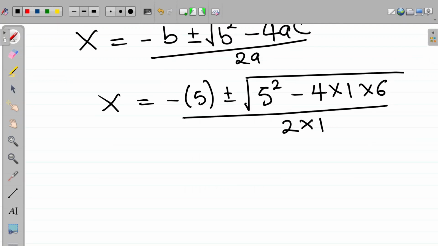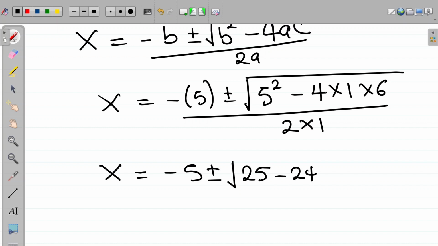Now, if we simplify, x is equal to minus 5 plus or minus the root of 25 minus 4 times 1 times 6, which is 24, all divided by 2.